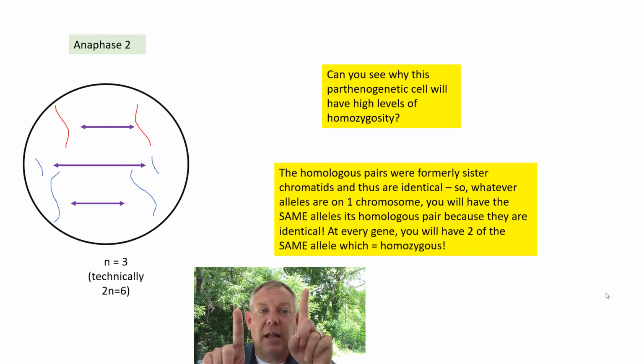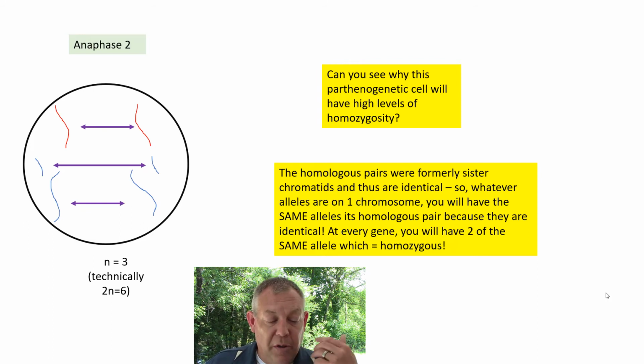So if you have an allele on one chromatid, you've got the same allele on the other chromatid. And so if these end up making your homologous pairs, as they do in this example, then you're going to have the same alleles on every chromosome. So you're going to be homozygous at all those gene loci. And so that's why parthenogenetic offspring have high levels of homozygosity.